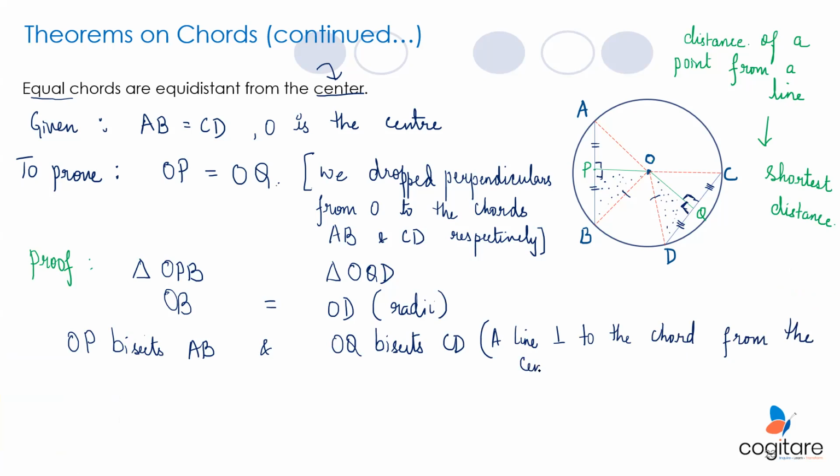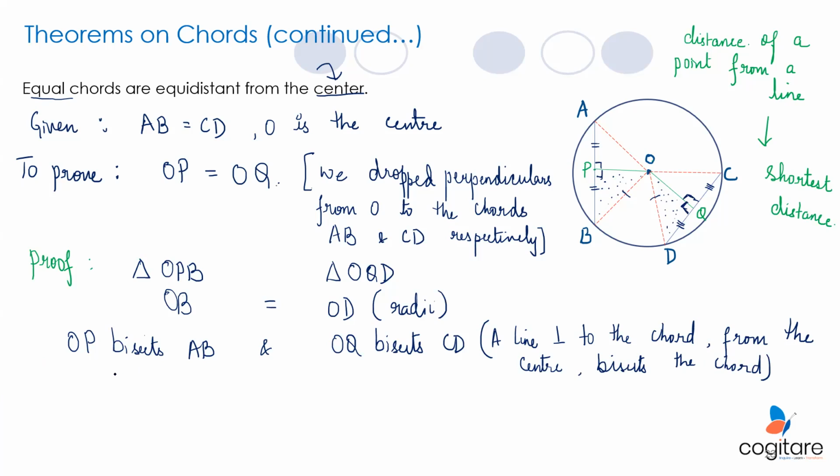You need to actually mention this, guys. You can't assume anything. From the center bisects the chord, right? Which means we have AP equals PB and CQ equals QD.